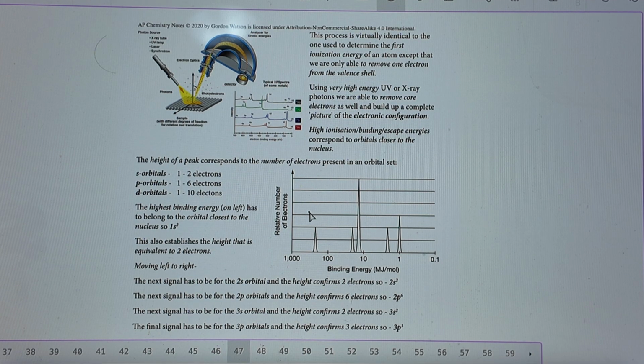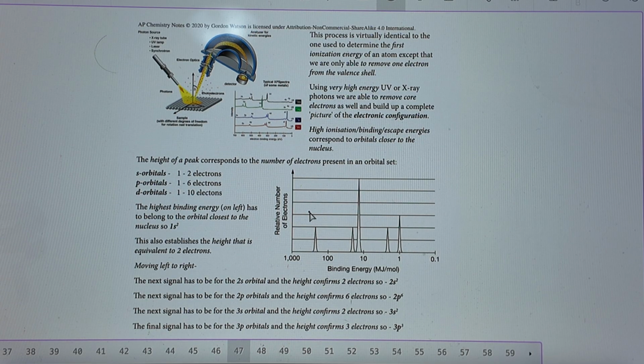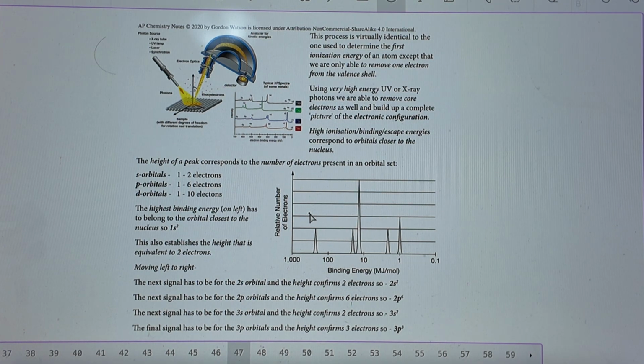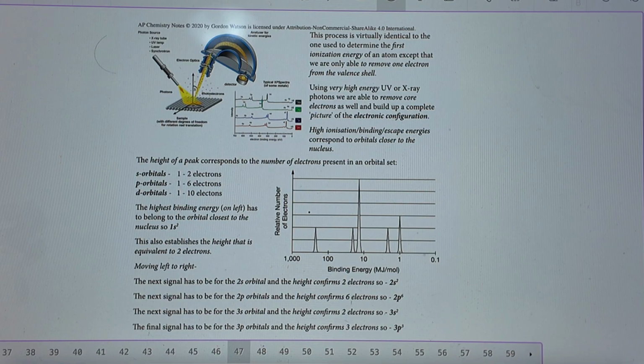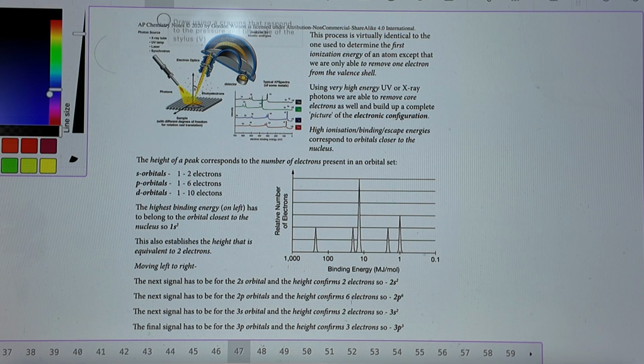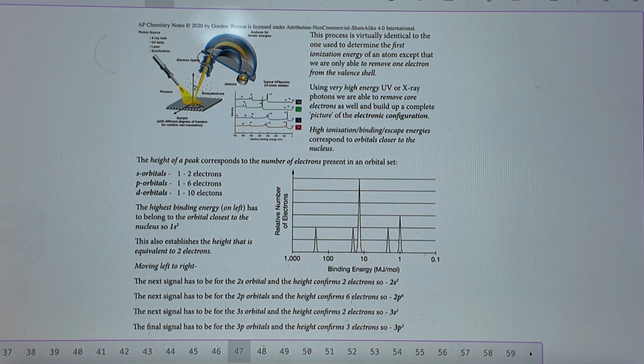And so this is what we kind of see. We see these peaks, and these peaks tell us information about, one, how many electrons are present, and two, what the binding energy is. So the more to the left, so you'll see here, this is a new tool, so you've got to be patient with me.